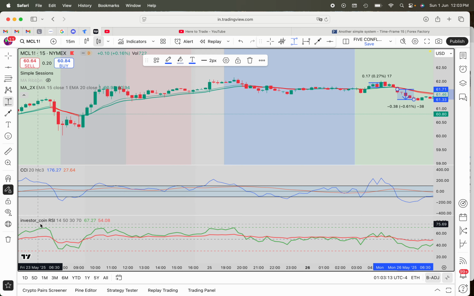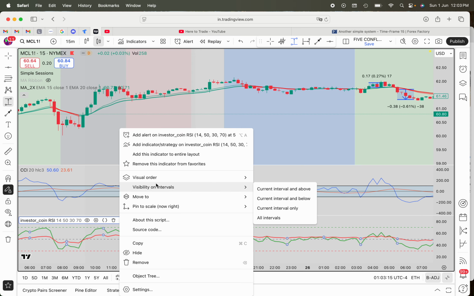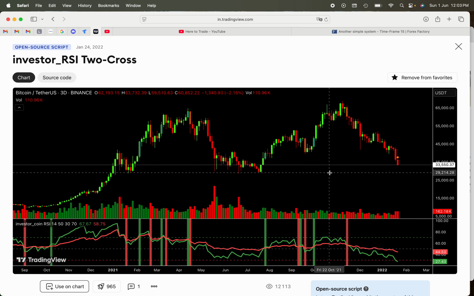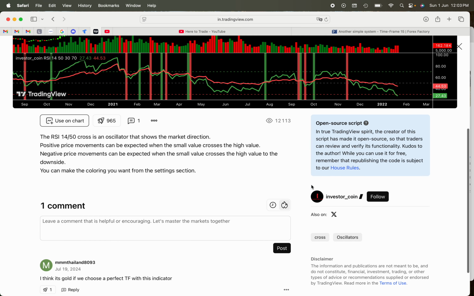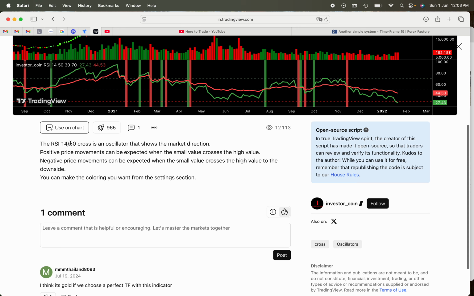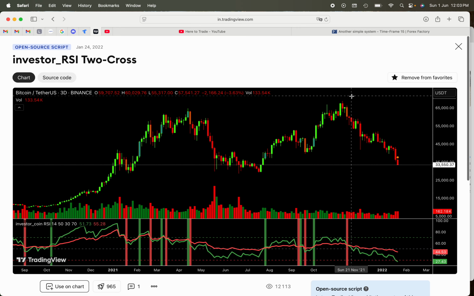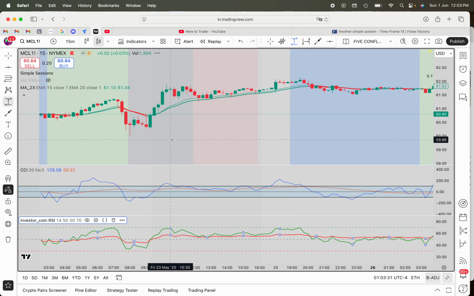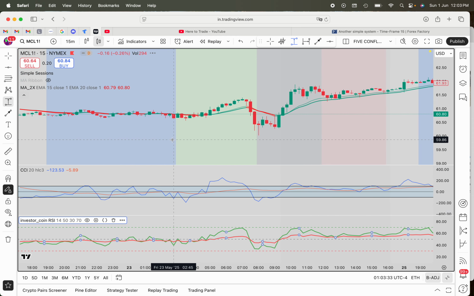Go check it out. This is who has made this one: Investor RSI2 cross, Investor Coin. That's it. It's just a simple 14 and 50 RSI combo. I like it. I really do like it. I'm going to play around for another hour and see if I can break it.